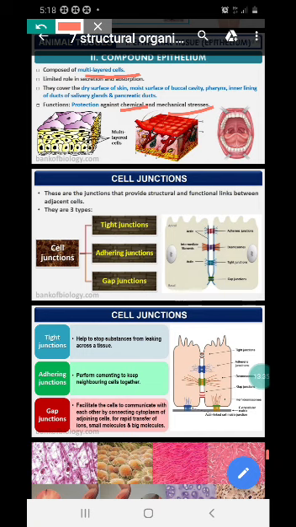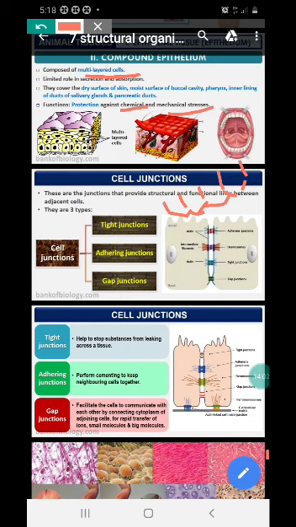And children, when we draw cells, we draw continuous cells placed adjacently. But they are not completely attached to each other. There is a slight gap between the cells, and these gaps are called cell junctions.